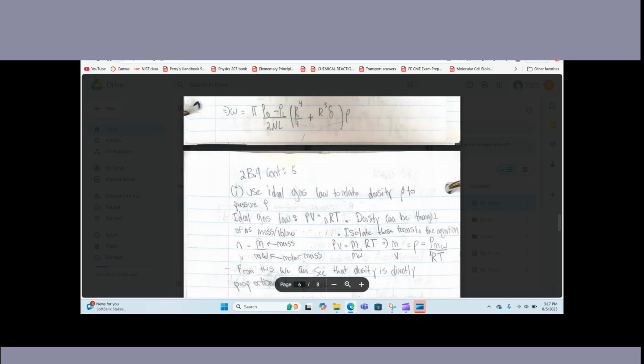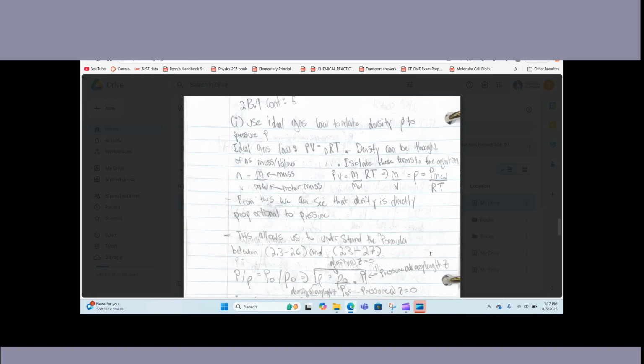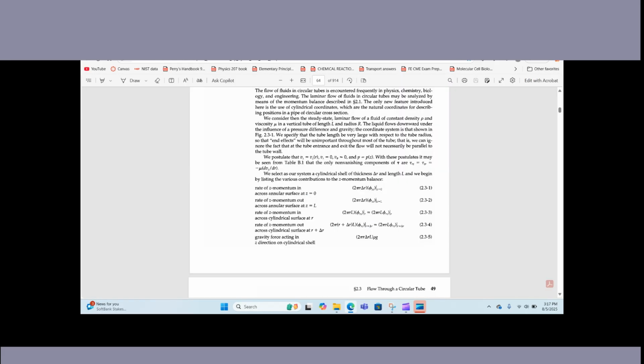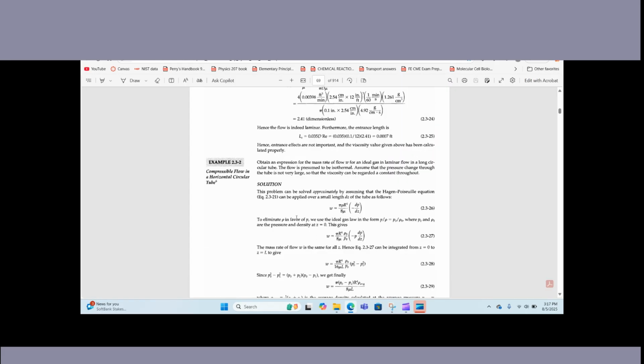And basically what we get out of this equation is just that rho is directly proportional to pressure, or density is directly proportional to pressure. And that kind of segues into these equations here, in this example that it told us to work off of.